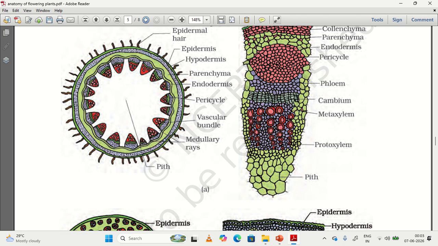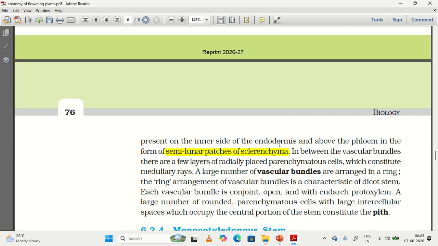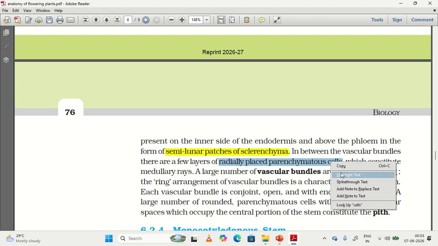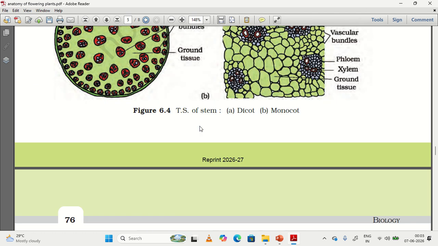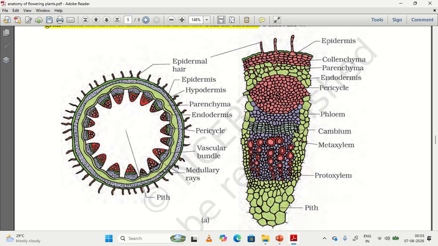Between the vascular bundles there are a few layers of radially placed parenchymatous cells which constitute the medullary rays. These are the medullary rays, if you can see this.